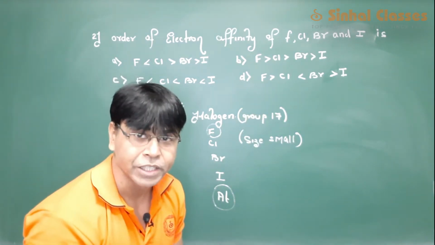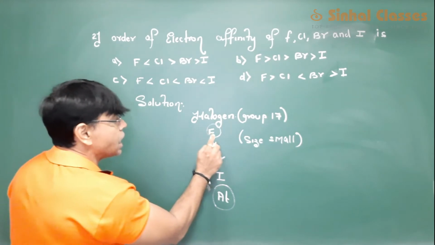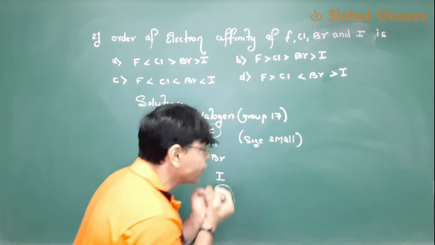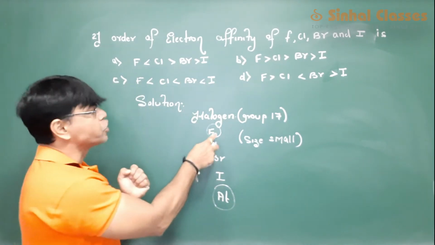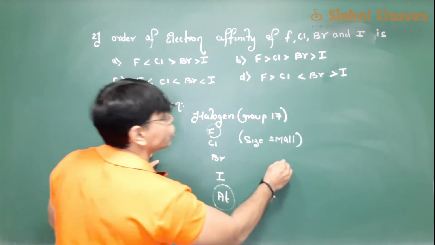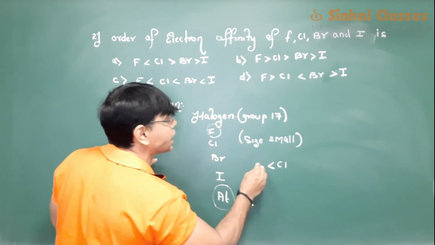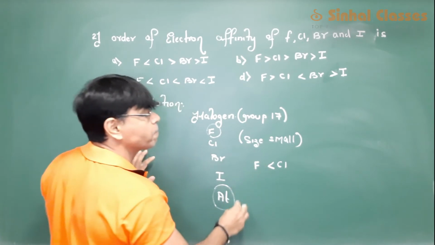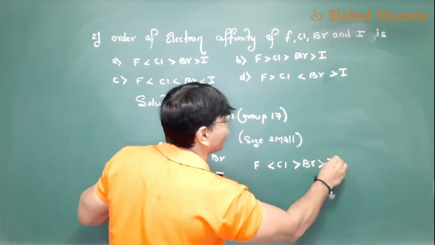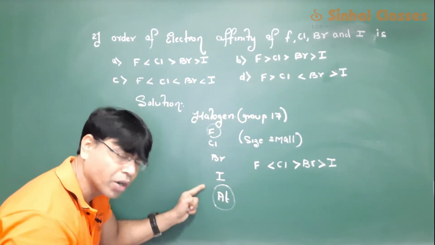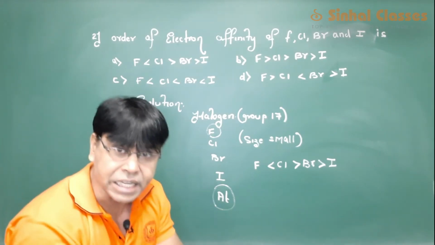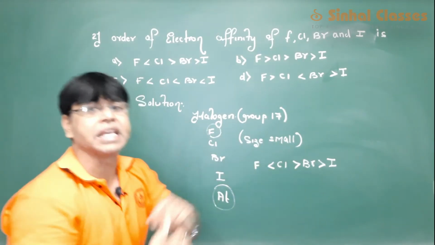So in spite of having higher electronegativity, the electron affinity of chlorine is more than that of fluorine. And chlorine has more than bromine and iodine, because as we come down the periodic table, the tendency of gaining electron decreases, giving electron increases.